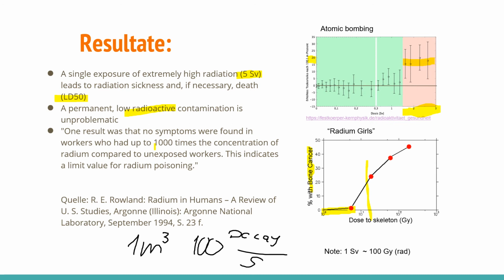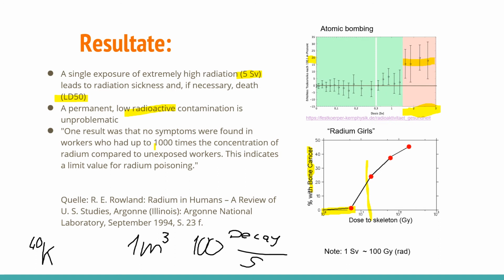Now you think that is dangerous to stay here, but be aware, your body contains Calcium-40. Your body has Calcium-40, and where is it? It is in your bones, and you have a similar activity of another 100 decays per second.